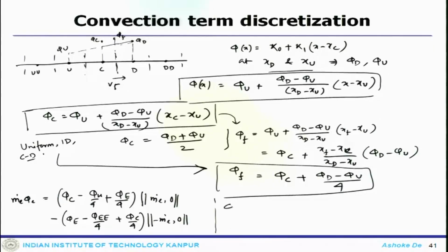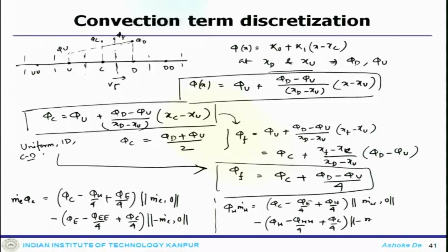Similarly, you get the flux at w, which is phi c minus phi E by 4, phi w by 4 multiplied with m dot w 0, minus phi w by 4, phi c by 4, minus m dot w 0. We are doing this for the uniform system.